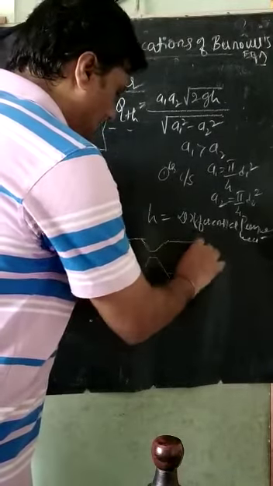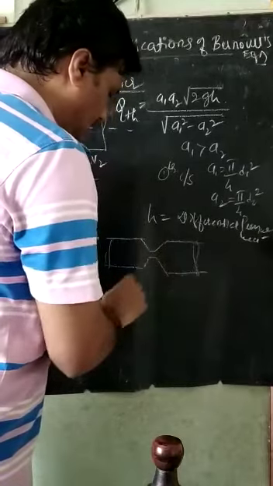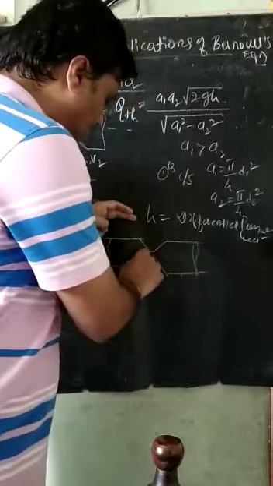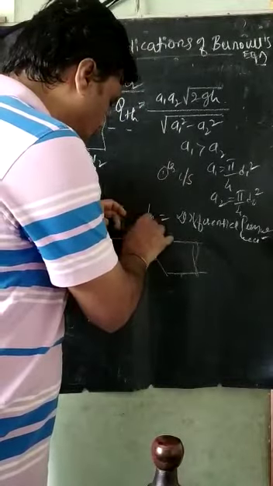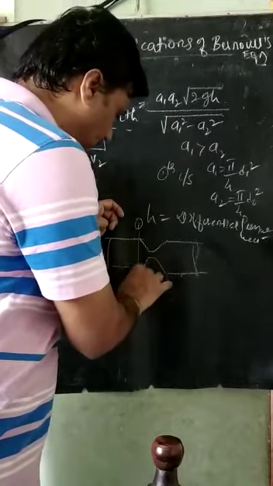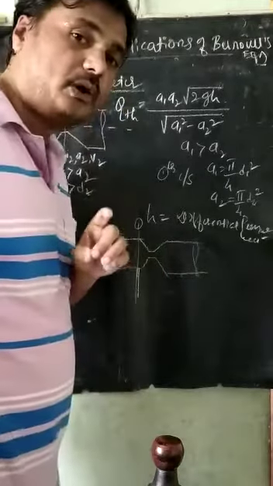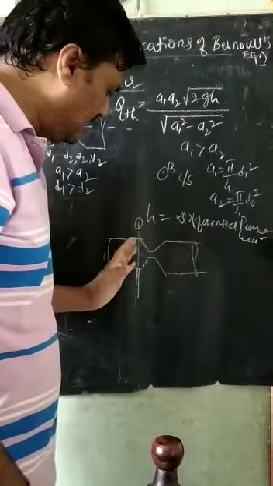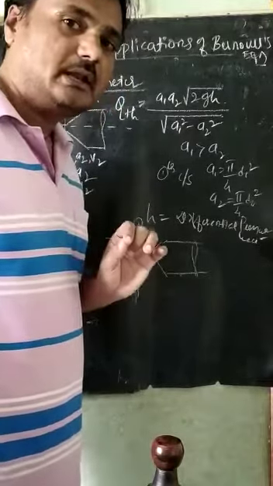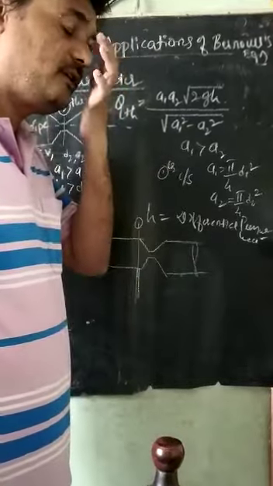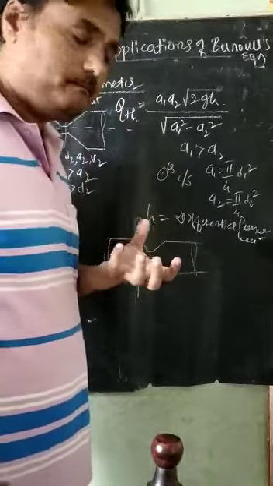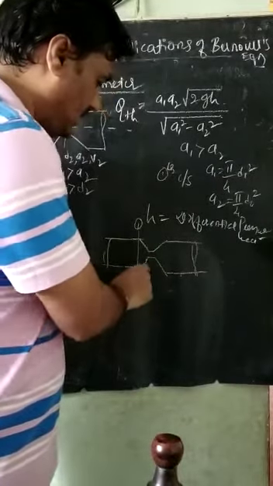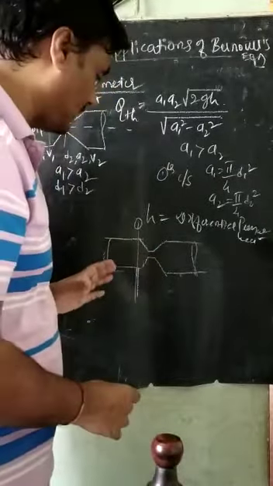If I take a U-tube manometer, one limb of the manometer will be connected to the pipe where section 1 is, at the inlet pipe very near to the throat, almost 0.5 times the diameter. The left limb of the manometer is connected at that section.